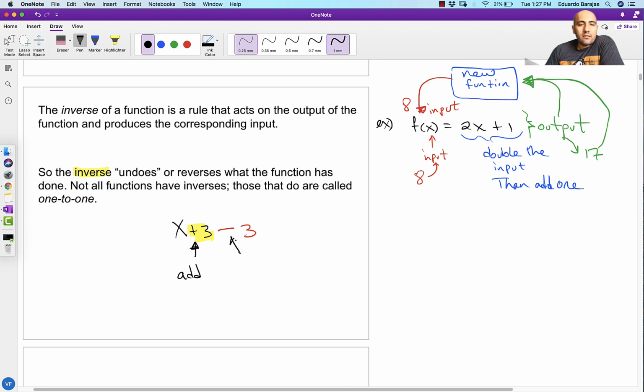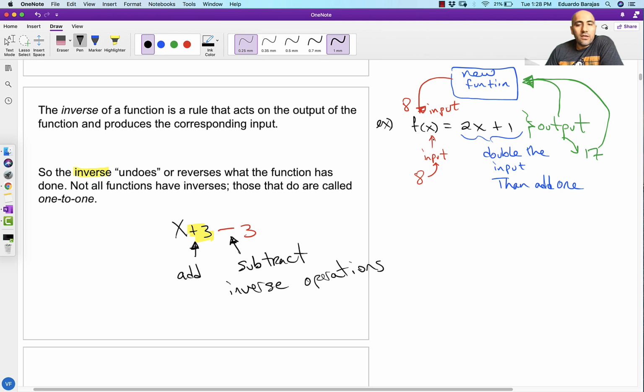So the operations of addition and subtraction are inverse operations. Likewise, multiplying and dividing are inverse operations. They undo each other. That's what we're talking about here, except we're specifically talking about functions.